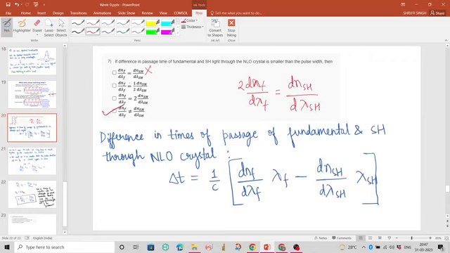Transforming this, dnf by d lambda f is equal to 1 upon 2 dnsh by d lambda sh. So 1 by 2 is the factor which will come here, which is in the second option. So the second option is also correct. The second option and the fourth option are correct for this question.